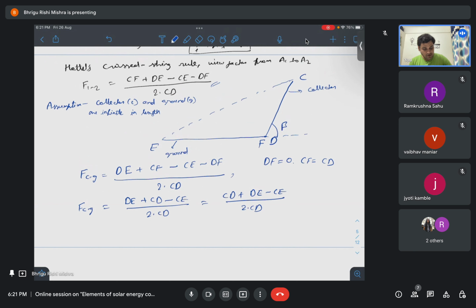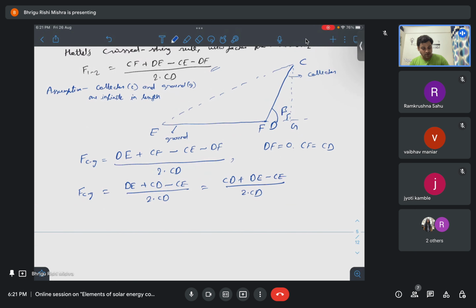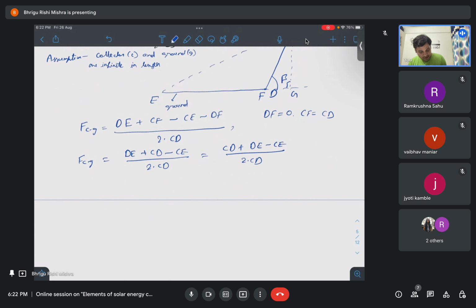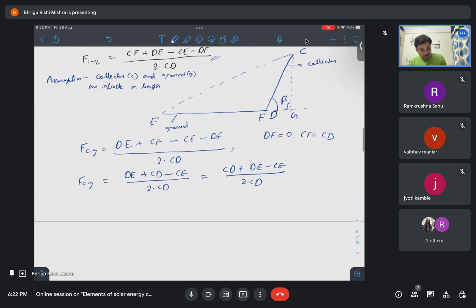So what I can do is draw a perpendicular from C to the horizontal and name it G. So this is 90 degrees. So see this triangle CGD, we can calculate easily that the projection of CD on the ground, DG, is nothing but CD into cos beta.